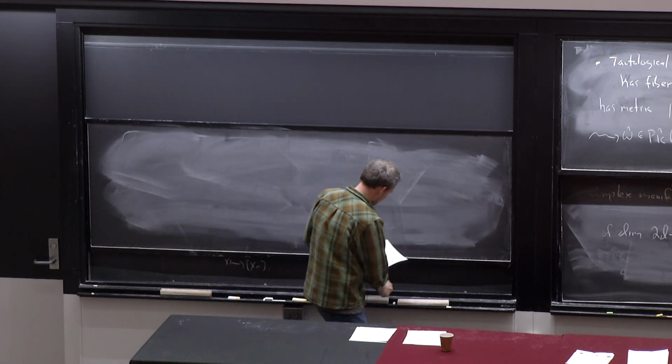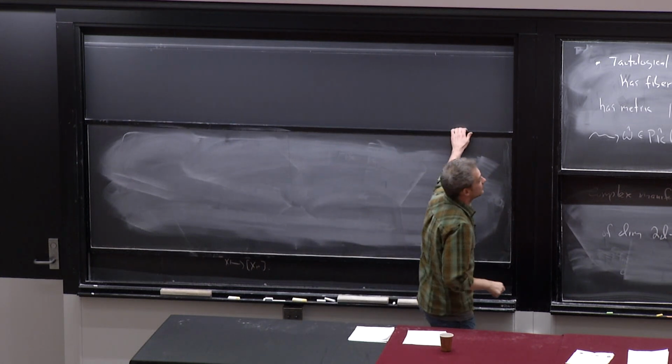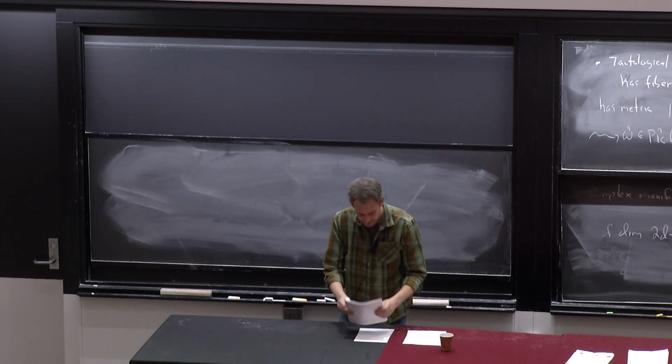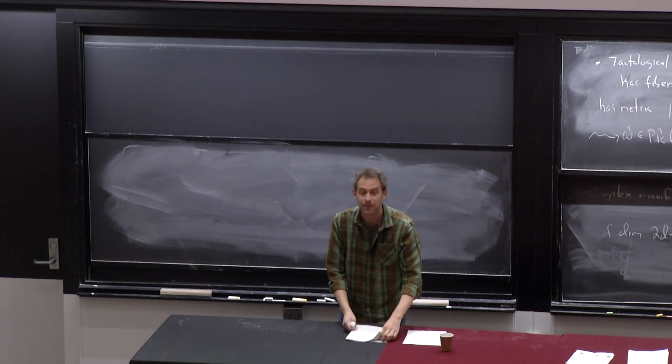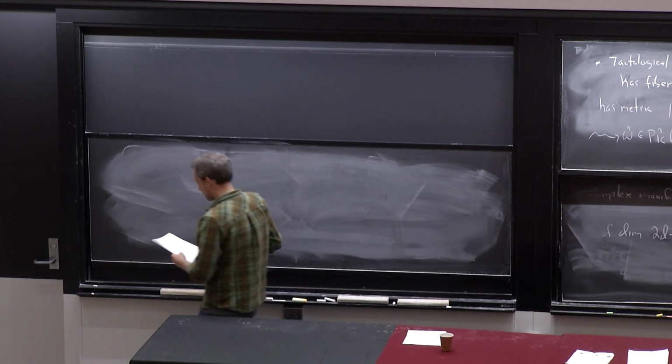Okay, and then there's one last extra structure. I said that there was some family of abelian varieties that lives over M. And so this is the part that's really neat. So if there are any fans of K3 surfaces in the audience, this might ring a bell.